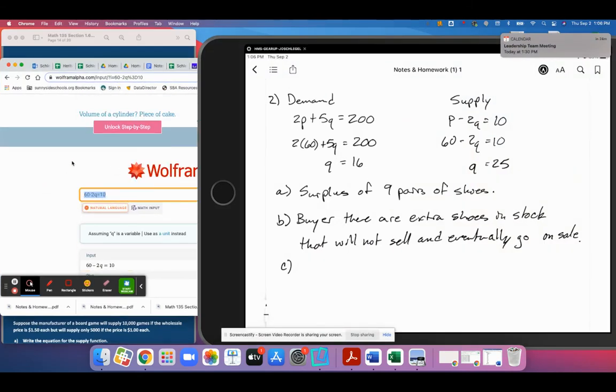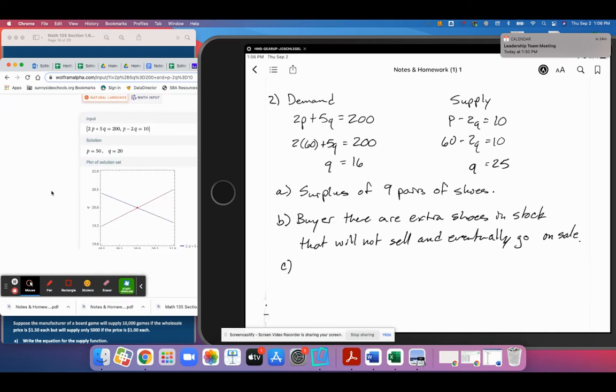So we can do 2P plus 5Q is equal to 200, and P minus 2Q is equal to 10. So market equilibrium would actually occur when P is 50 and Q is 20.